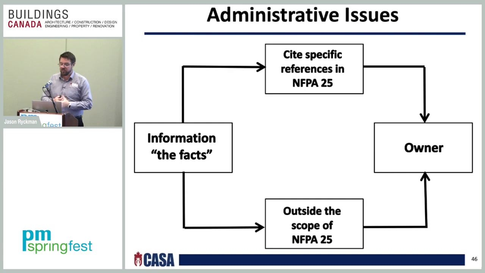Some administrative issues come about. One of the things that everyone needs to come together with, all stakeholders, when dealing with the inspection, testing, and maintenance, is communication. Okay? The owner may not know what the inspector's telling you, right?